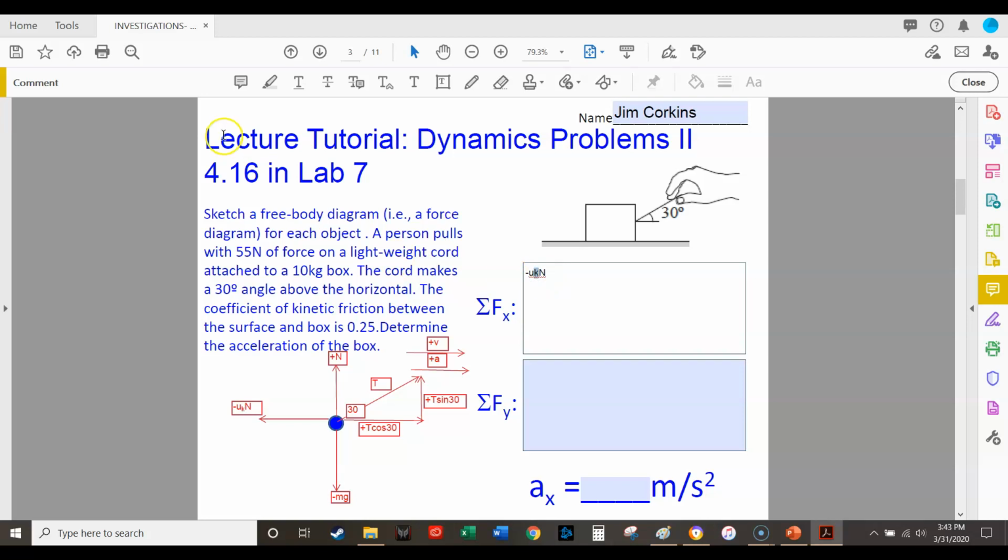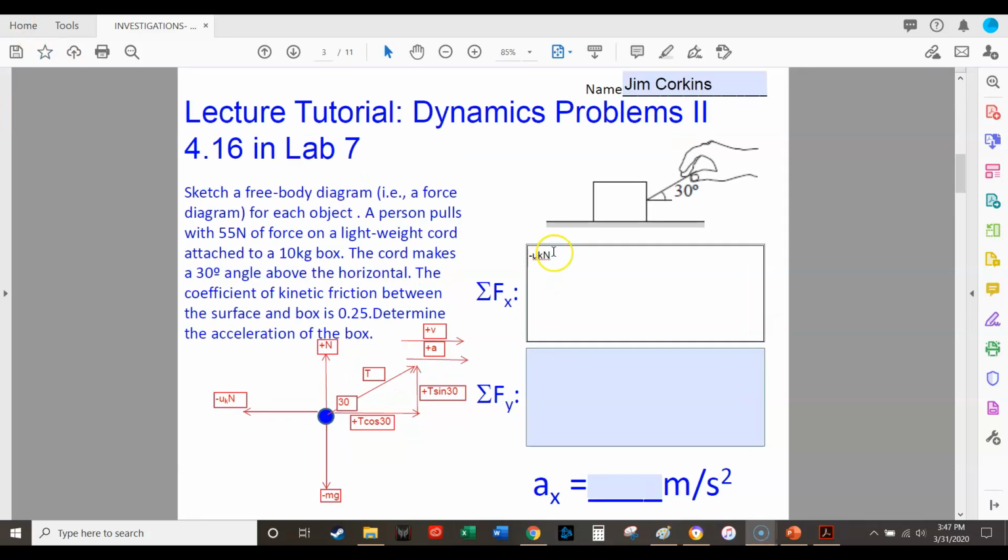I'm not sure if there's a way to subscript this in the actual text box, so we're just going to call it mu k, the coefficient of kinetic friction. So we've got negative mu k times normal force, plus T cosine of 30 degrees.